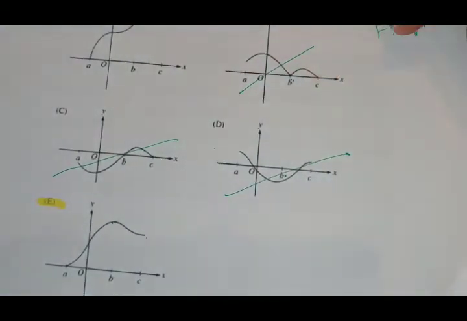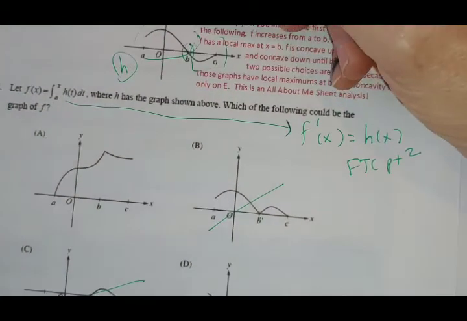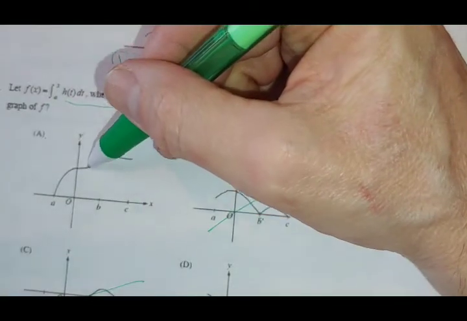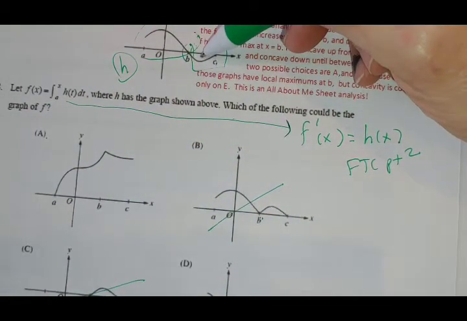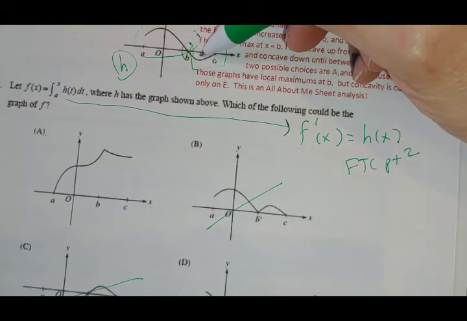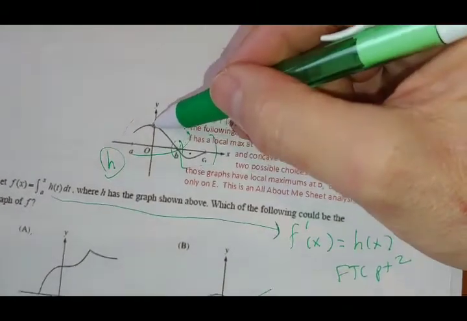Let's see, what rules out A? Well, the derivative graph is smooth, so it's not going to create a sharp turn. Here's one thing we can look at.